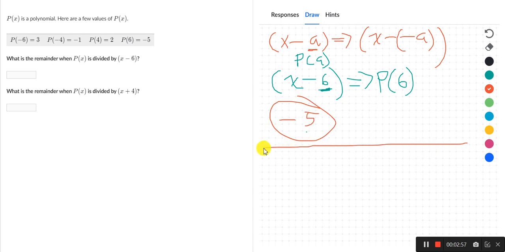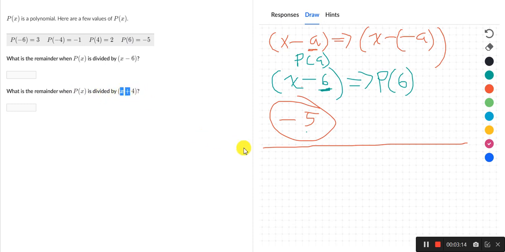Okay, let's do another one. In this problem, you have: what is the remainder when p of x is divided by x plus 4? Just take the binomial dividing the polynomial.